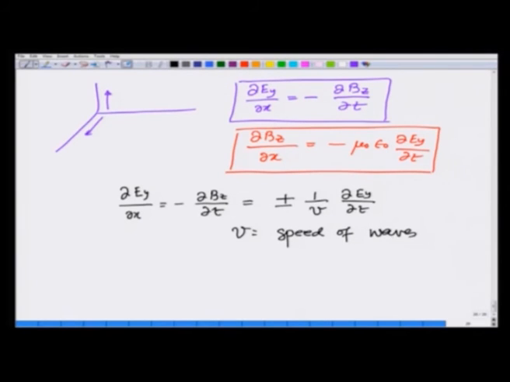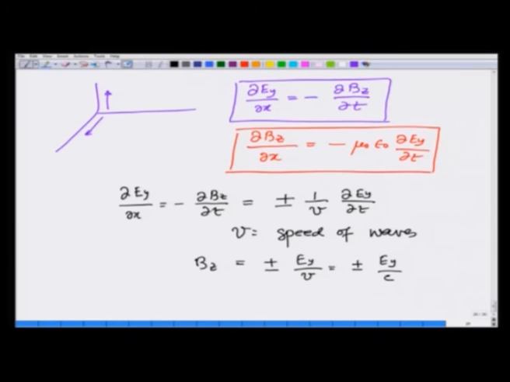And this immediately tells you that Bz should be equal to plus or minus Ey over v. I know electromagnetic waves travel with speed c, so we denote it by c, Ey over c.